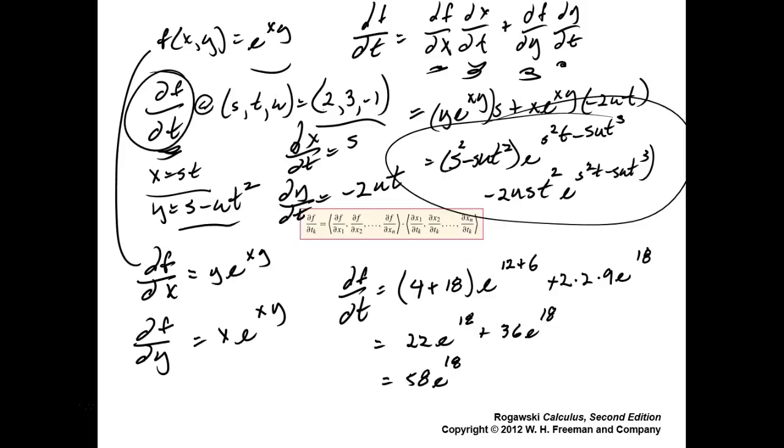That seems like an enormous, enormous number. 58 e to the 66? Well, we got the 58 part right. Oh, maybe we didn't do all that.